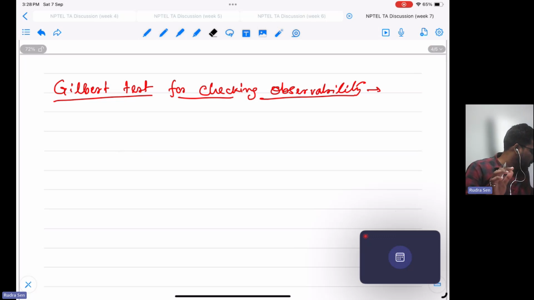We have seen in the previous lecture how we check controllability. Now we will see how we check observability.